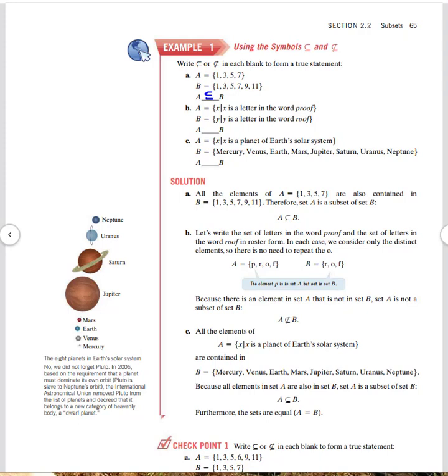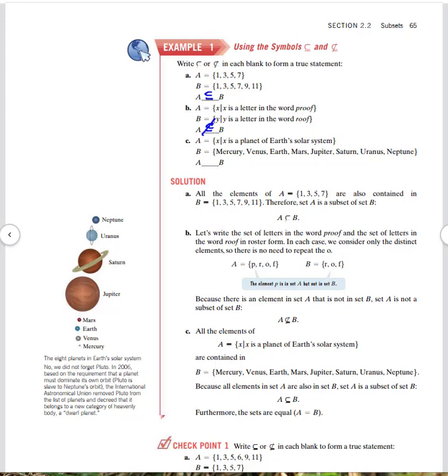Let's go on. In part B, we're saying, is every letter in the word proof also in the word roof? The answer is no. So A is not a subset of B. Look at C. Set A is a set so that every element in there is a planet of Earth's solar system.